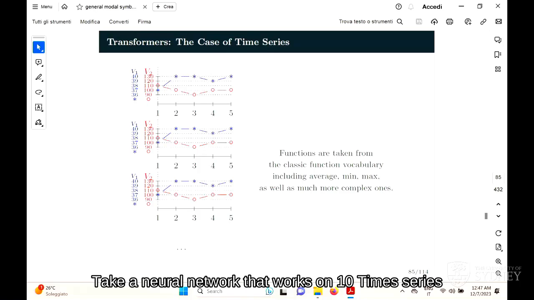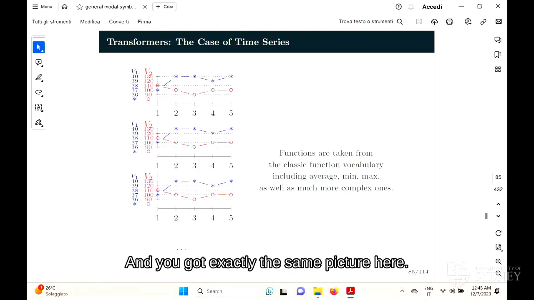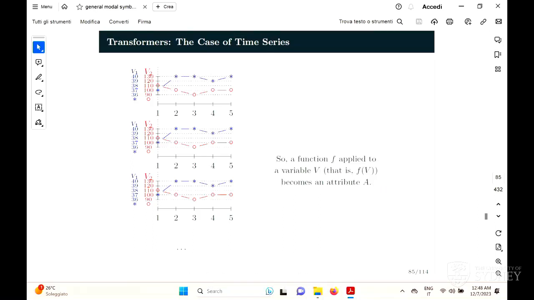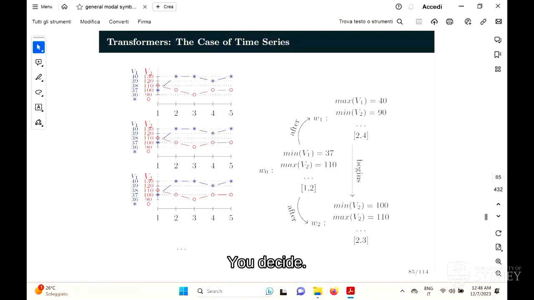Take a neural network that works on time series, apply it for feature extraction to every interval, and you get exactly the same picture here. And what are you going to learn? The relationships. So a function f applied to a variable v, f of v, becomes an attribute. The set of your functions is your problem. It's not my problem. You decide.